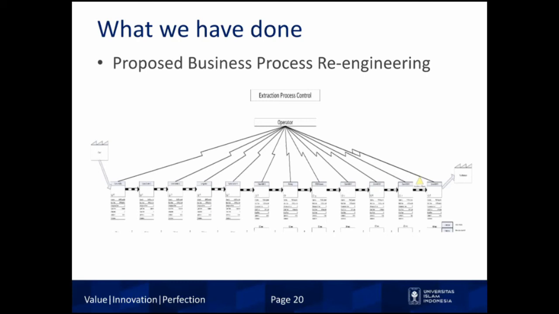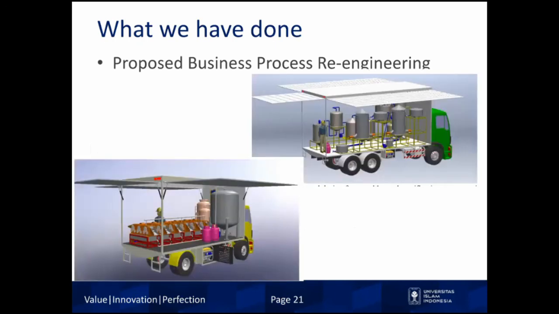We have observed it, and we propose a business process re-engineering. And what we have found and what we have designed is actually a kind of mobile equipment, as you can see there. The detail of this one, you can contact me and we can discuss it further.